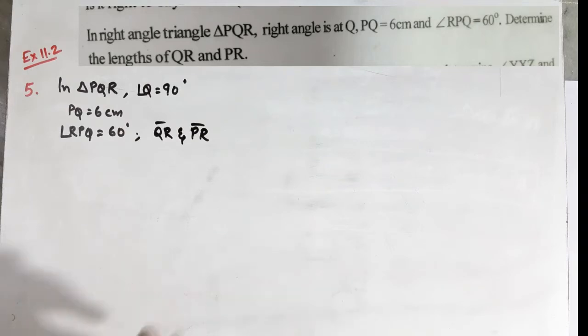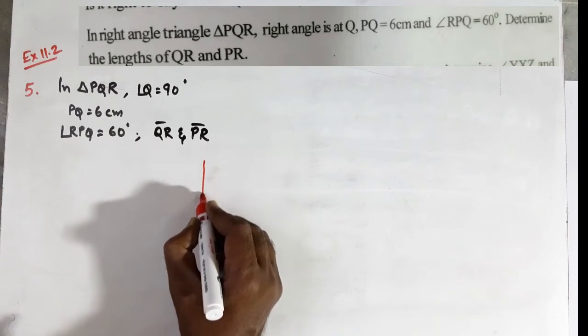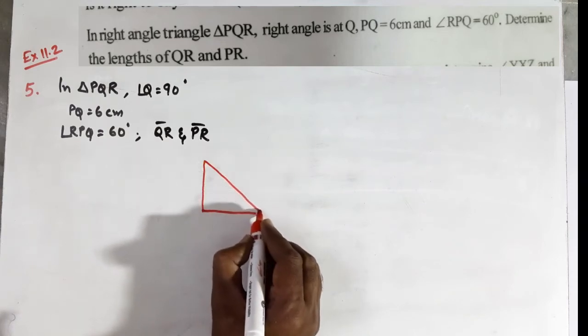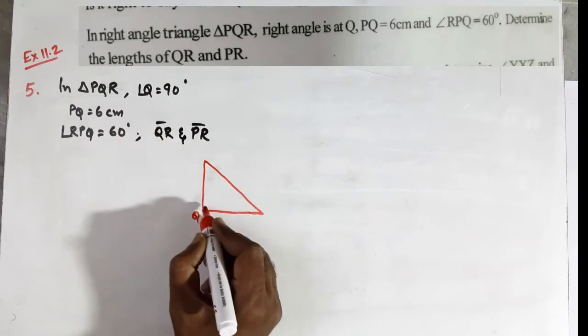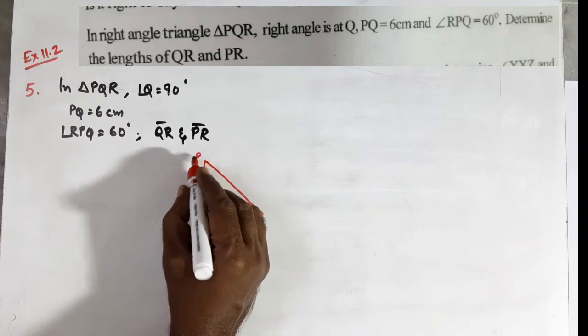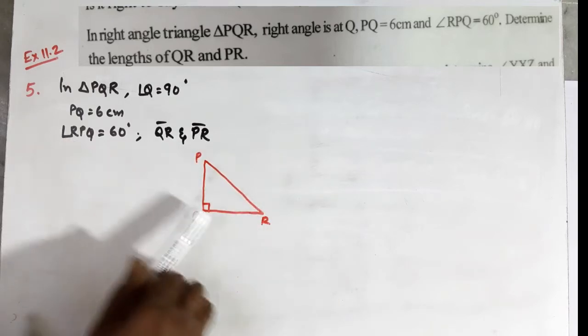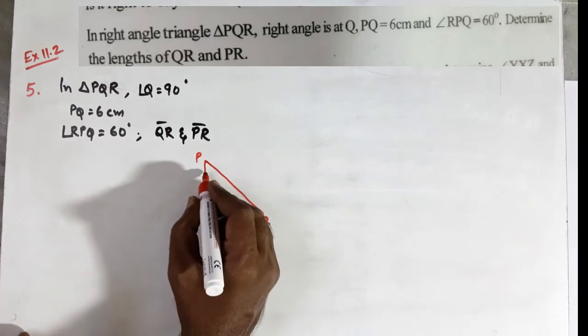So let us draw a right angle triangle. Angle Q is 90, so Q is 90, P, Q, R. Angle RPQ is equal to 60 degrees.